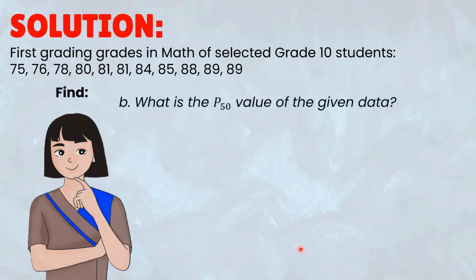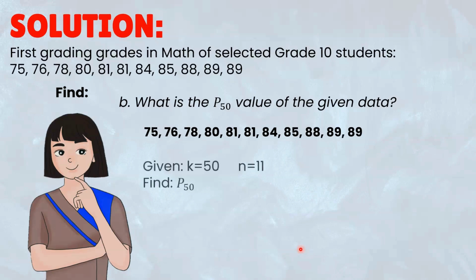And for the next task, what is the percentile 50 value of the given data? Of course, the first step is we have to arrange our values in increasing order. And then we use the formula for percentiles to determine the location of our percentile 50 value. Okay, this is our formula for percentile. We are looking for percentile 50.